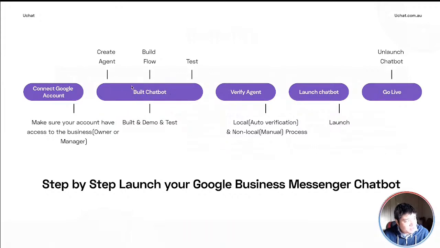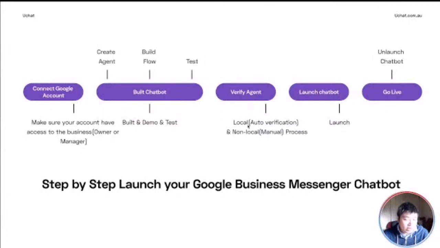In these steps, you need to create the agent, build the flow, and test everything. After this, you already have the chatbot ready to go live, and only then can you start the verify agent process.